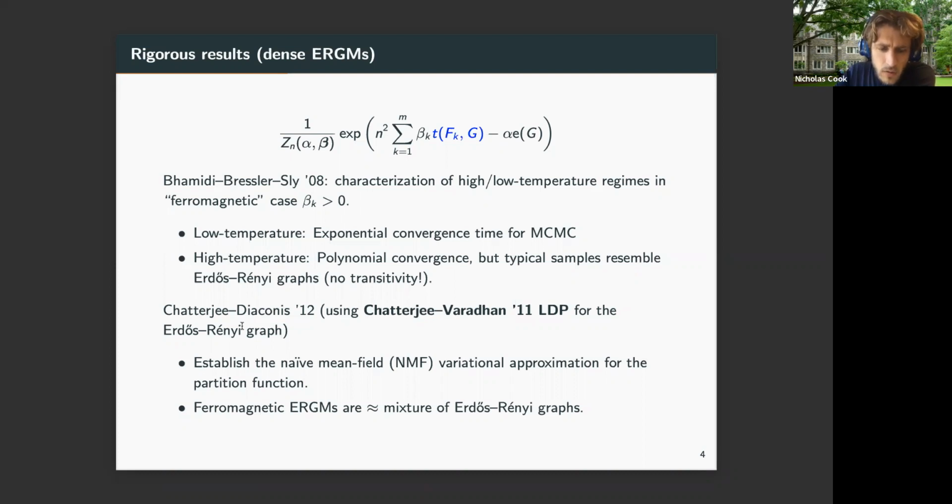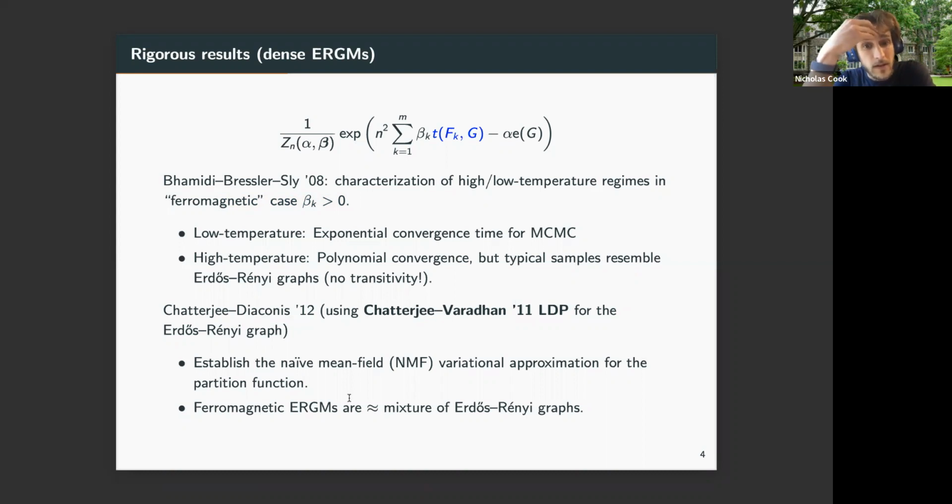And they also established a sort of negative result, where, again, for these sorts of models in this parameter regime, they showed that the ERGMs are always sort of mixtures of Erdős graphs. So when I say mixture, I mean that the parameter p is drawn from some distribution, and then with that p, you draw an Erdős graph.